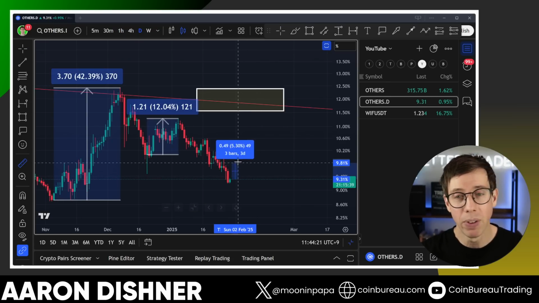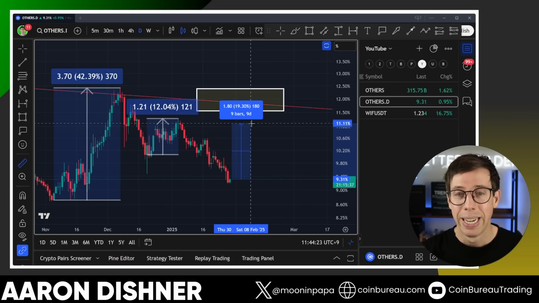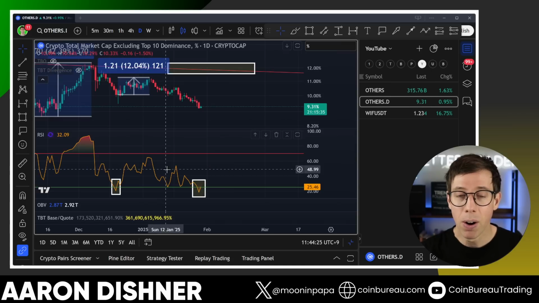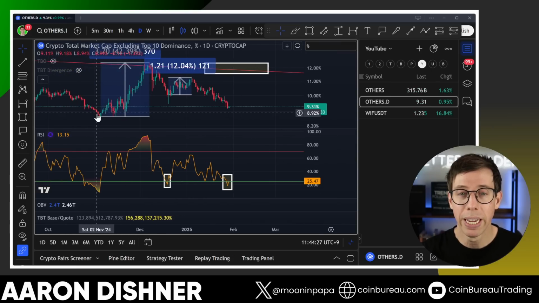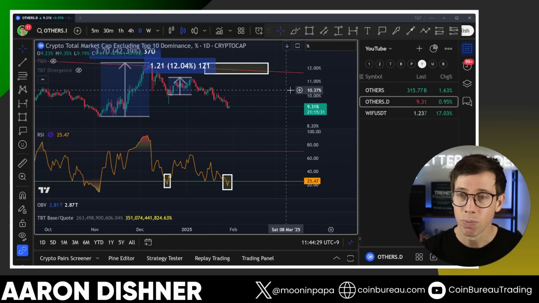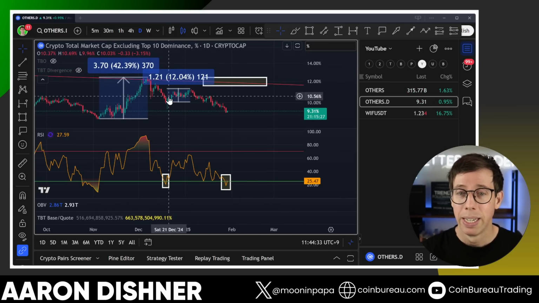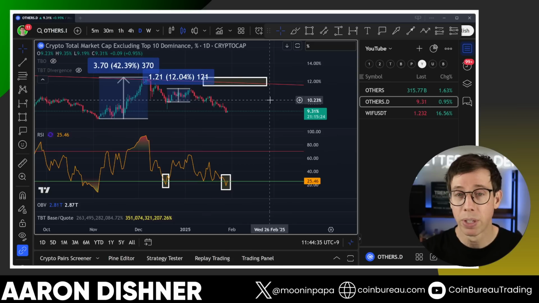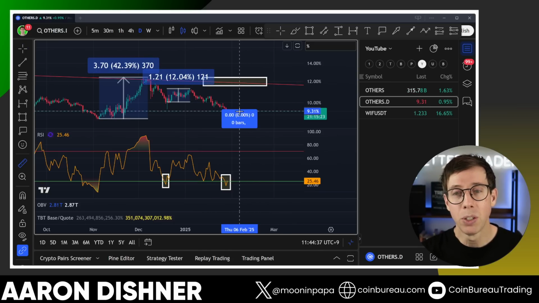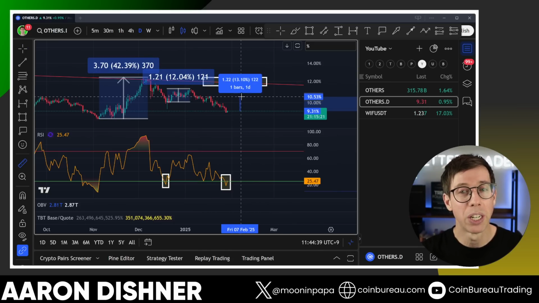But I do believe others dominance will recover, and the RSI reset we saw back over here in November resulted in a growth of 42% for others dominance. Over here in December, 12%. So if we see 12%, that's not going to do too much, but we'll be happy for sure.